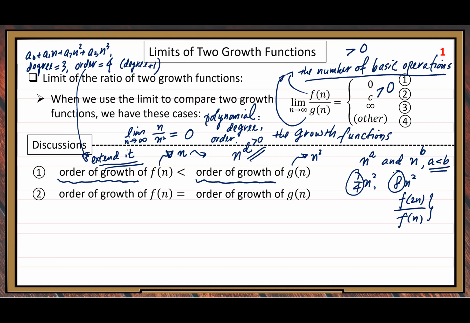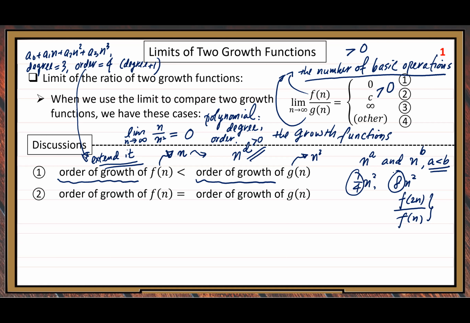When we consider order of growth, we ignore the constant part. So we can safely say these two functions have the same order of growth. That's our case number 2.